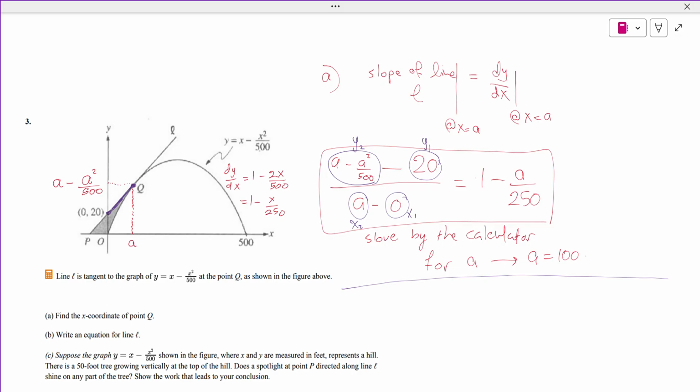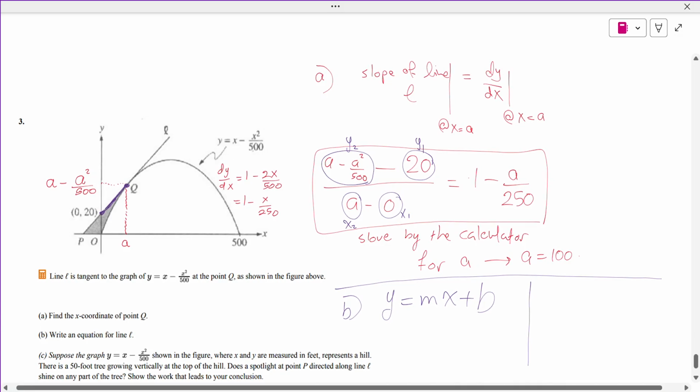Part B says find the equation for line L. For part B, the equation is y equals mx plus b. So what is the slope of line L?